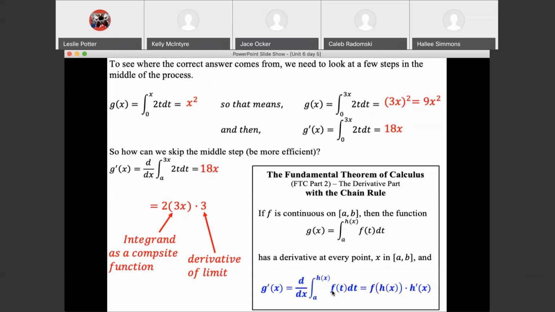It's already the derivative. A lot of people want to see a prime derivative notation there, but you have to remember that f is already a rate of change. To put a prime up there would be like a rate of change of a rate of change. That makes sense? So this is your chain rule for the fundamental theorem of calculus.